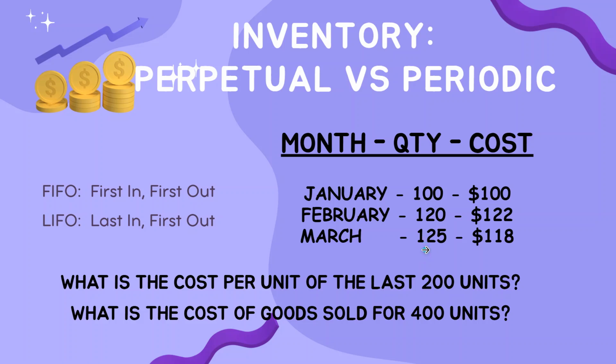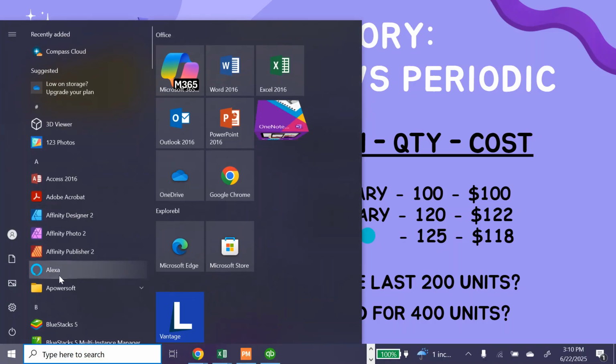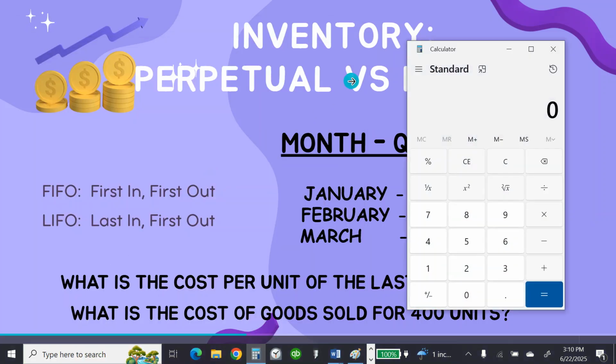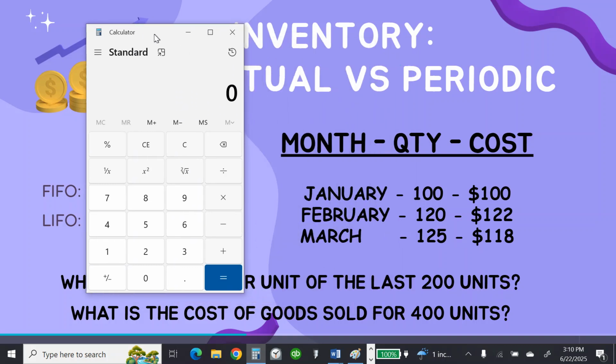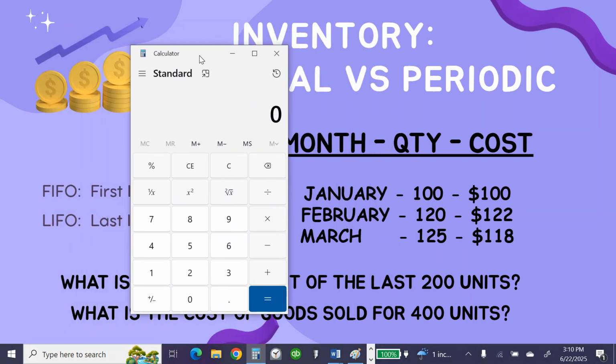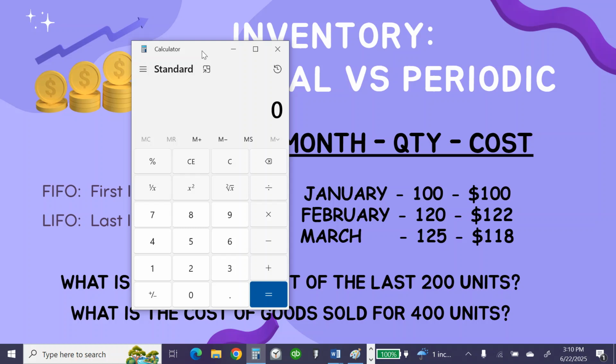Let's calculate this. Bring up my calculator. The value of what I have left on hand is going to be 118 times 125, right? 118 times 125.